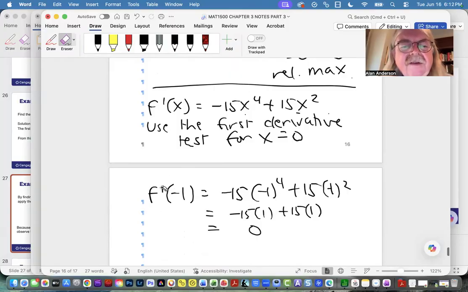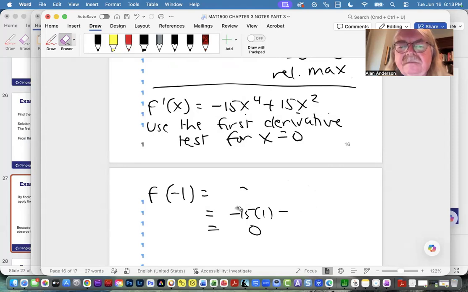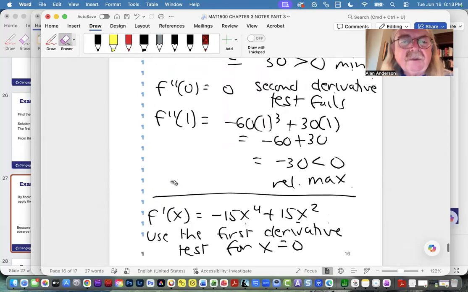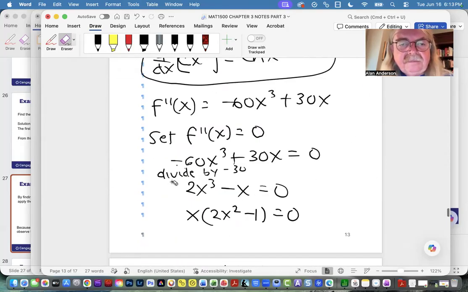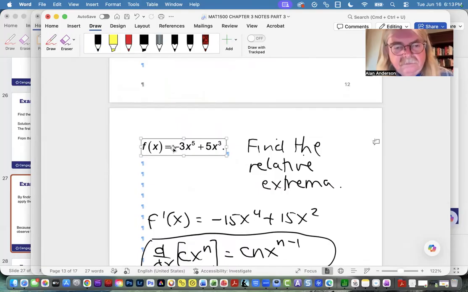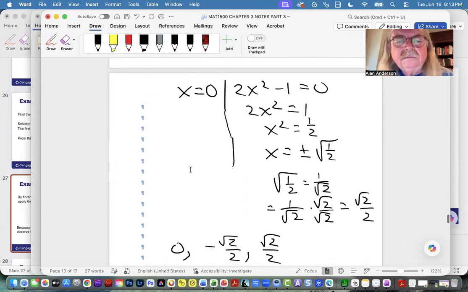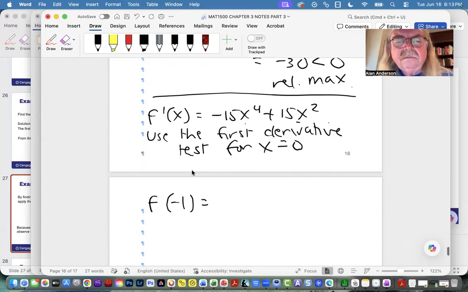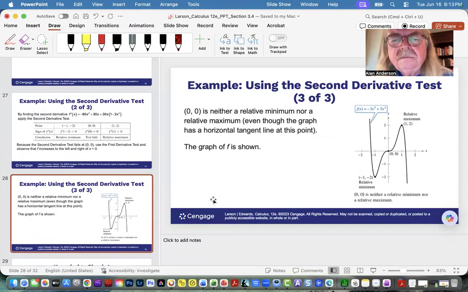So f of -1, the original function was, let's go grab the original function. Way back here, yes. Let's see.